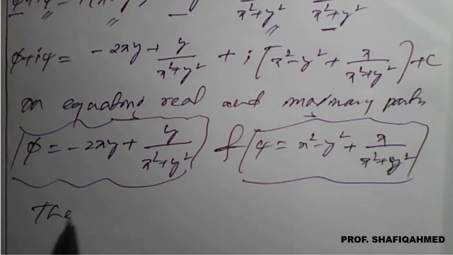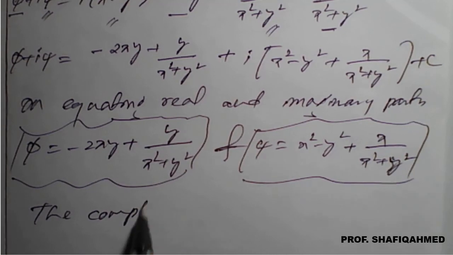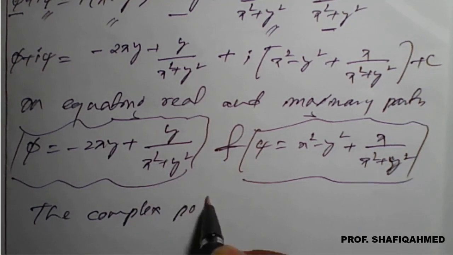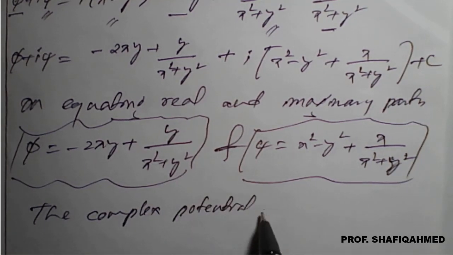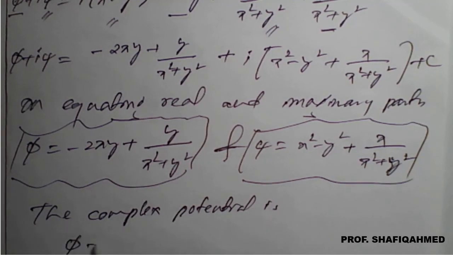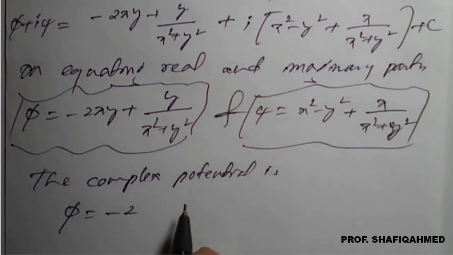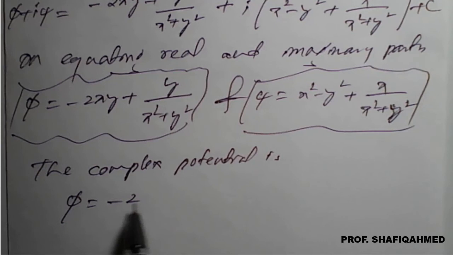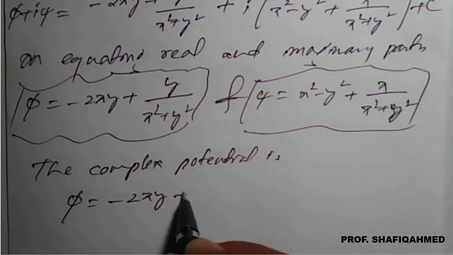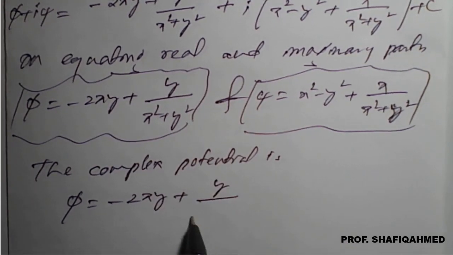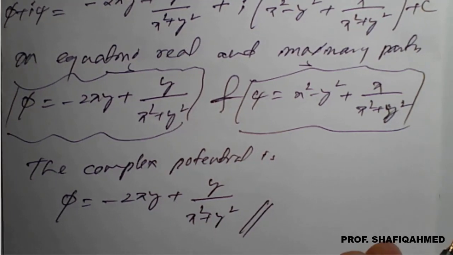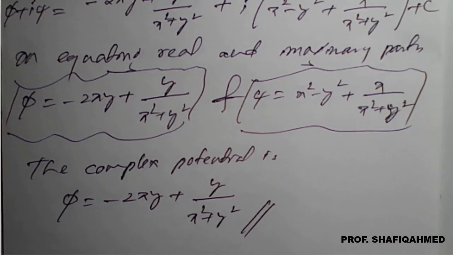the complex potential, that is phi, is equal to minus 2xy plus y divided by (x² + y²). So in this way we need to take an analytic problem.